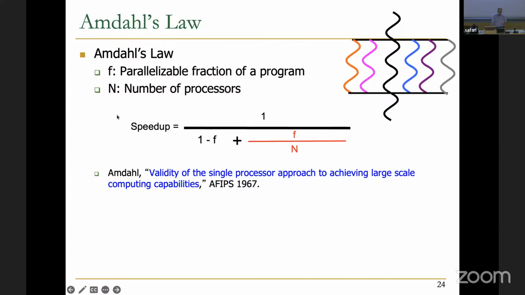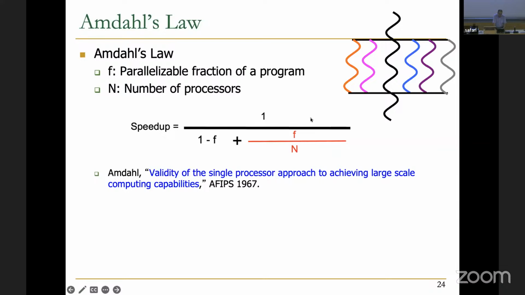The model is very simple. In every program, you have a parallelizable fraction that we consider as f. For example, when f is 50%, half of your code can be parallelized easily, and the rest of your code is serial. And n is the number of processors that you can have. So our speedup is going to be something like that.